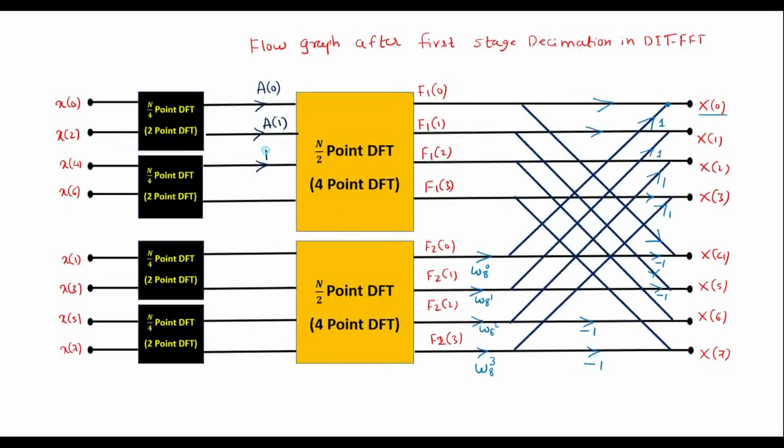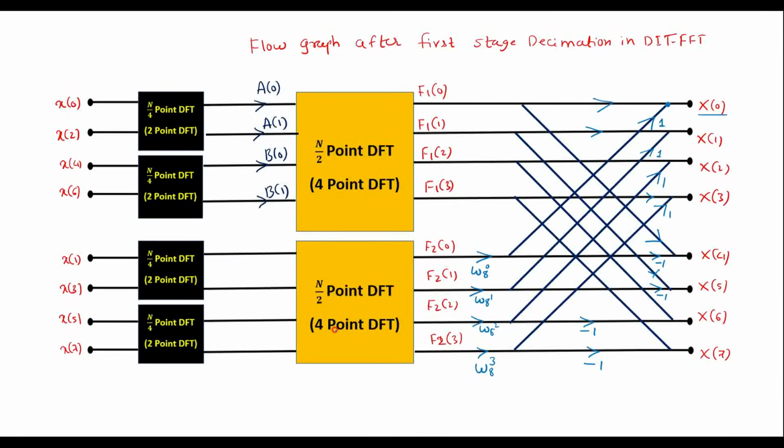Input for this is b of 0. That is, the 4-point DFT is divided into two 2-point DFTs. So the output of the first 2-point DFT is say a of 0 and a of 1. Output of the second 2-point DFT is say b of 0 and b of 1.